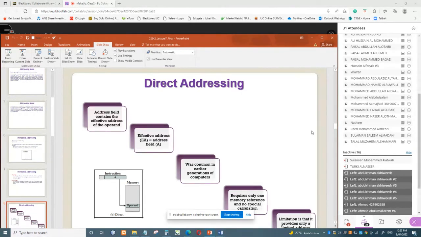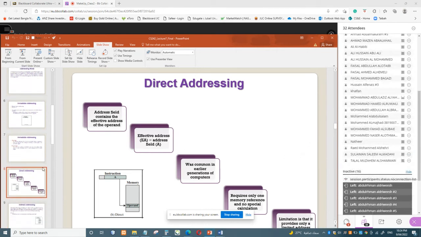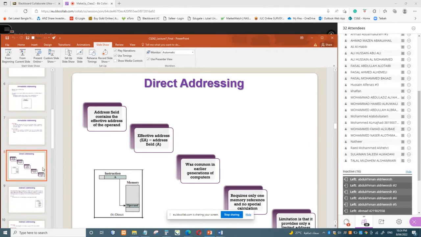Now, if you spend 10 bits only for the address of the memory location, then what will be your other bits? You need some bits for your register, some bits for the opcode, and all those things. That's the reason direct addressing is not being used nowadays. The main disadvantage of direct addressing is that you cannot refer to a higher memory location; an address which is bigger cannot be used.